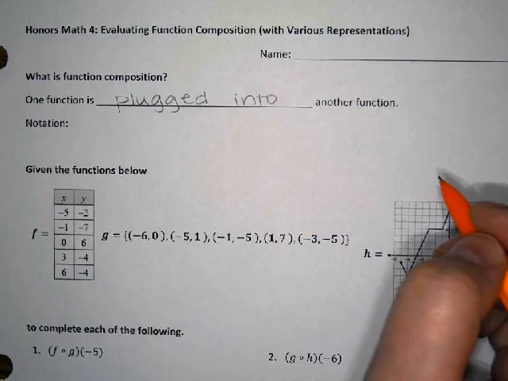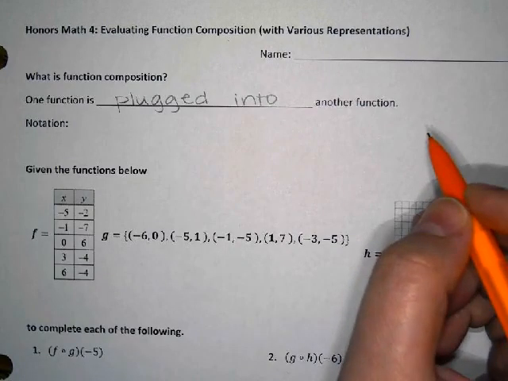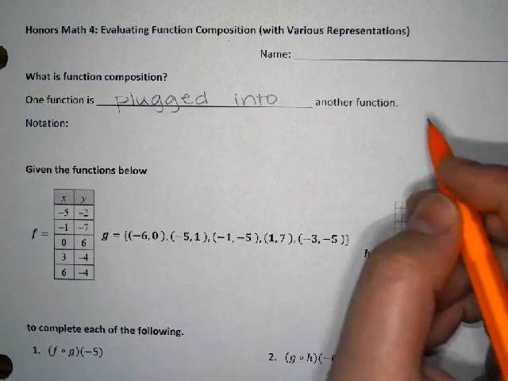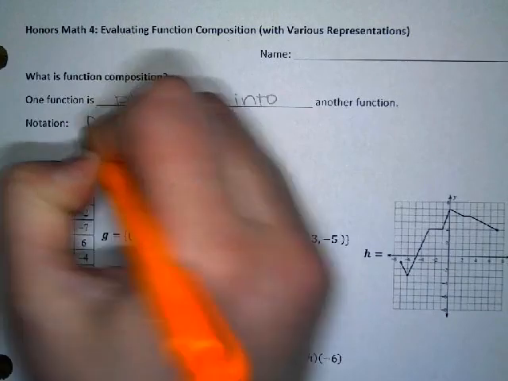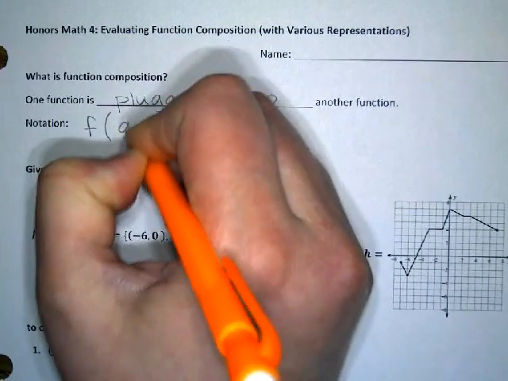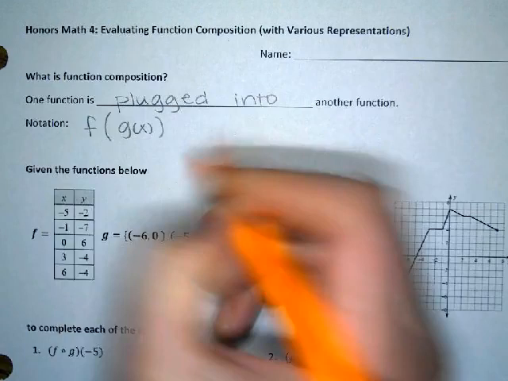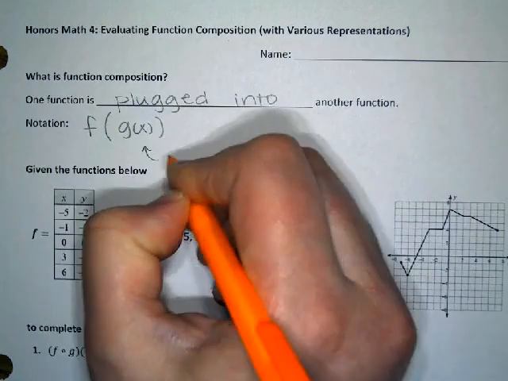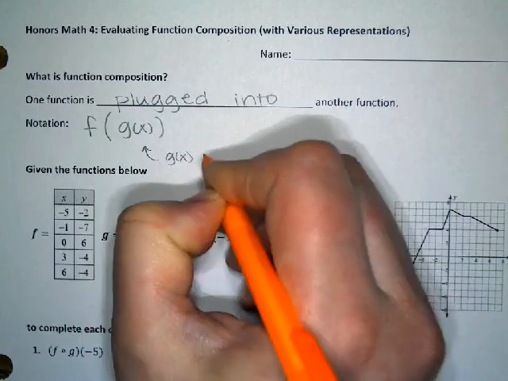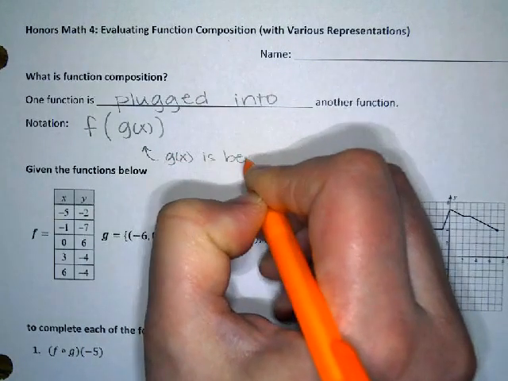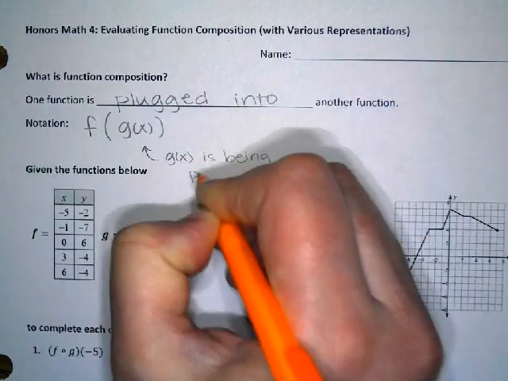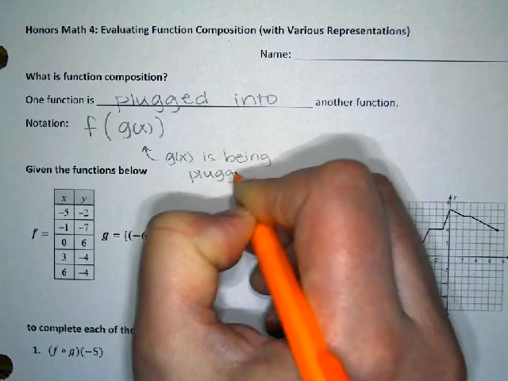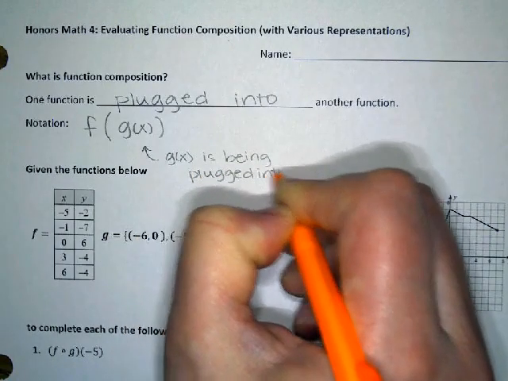So there are 2 ways you can see this written. You can see f of g of x. This notation means that g of x is being plugged into f of x.